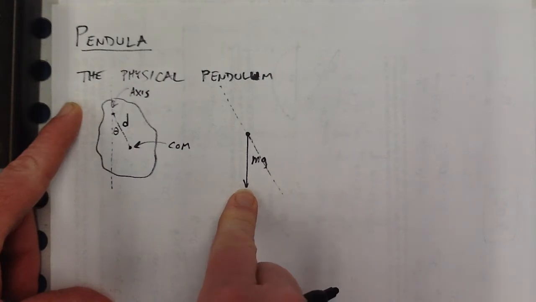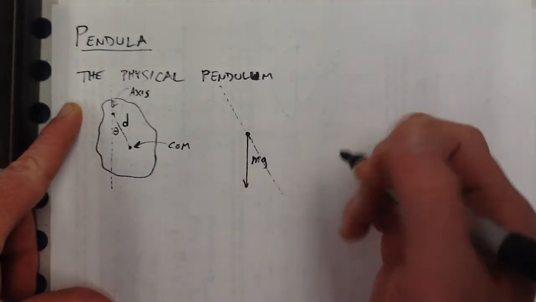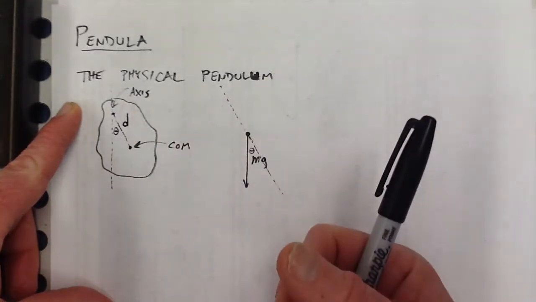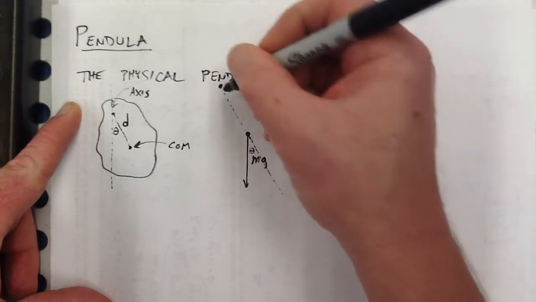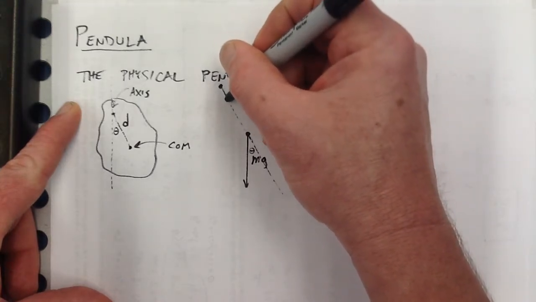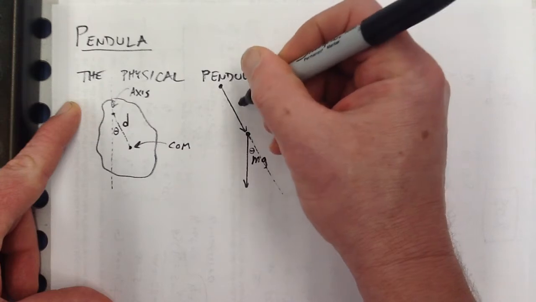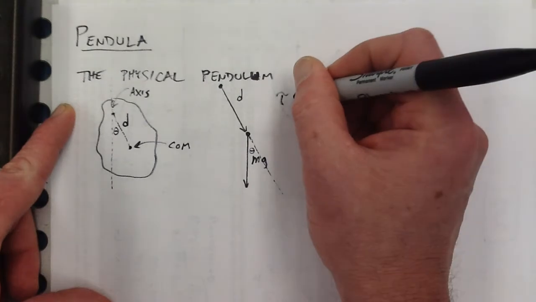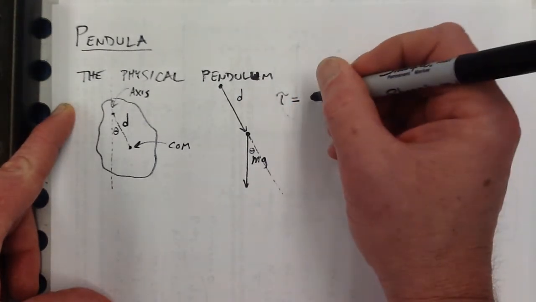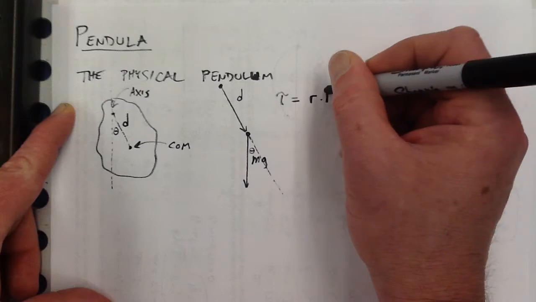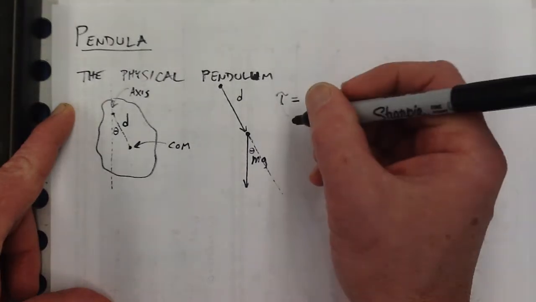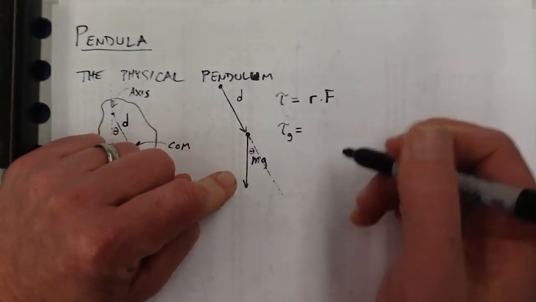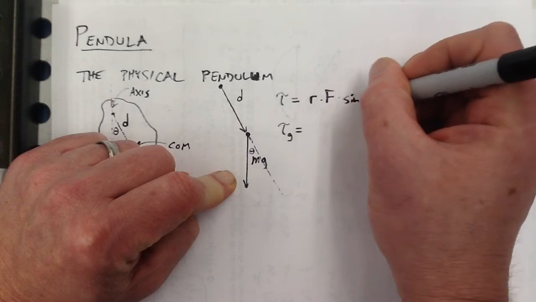The only part of the gravitational force that can make it rotate is the part that wants to make it go this way. Or in other words, if you're thinking of torque, torque is equal to r times force, which here, the torque from the force of gravity is equal to the force times the radius times the sine of the angle between them.